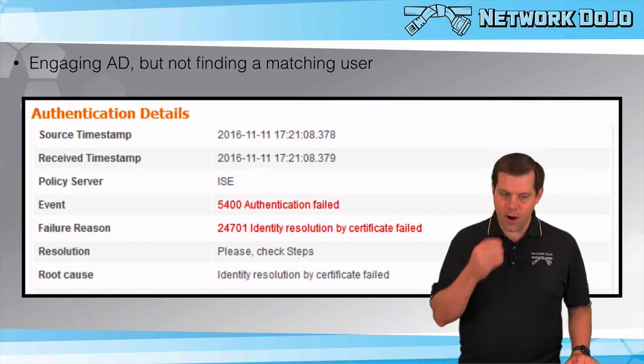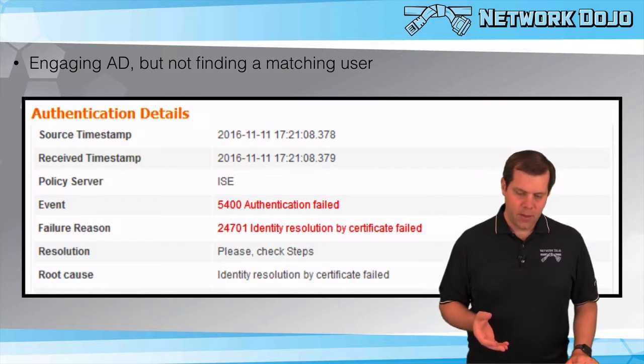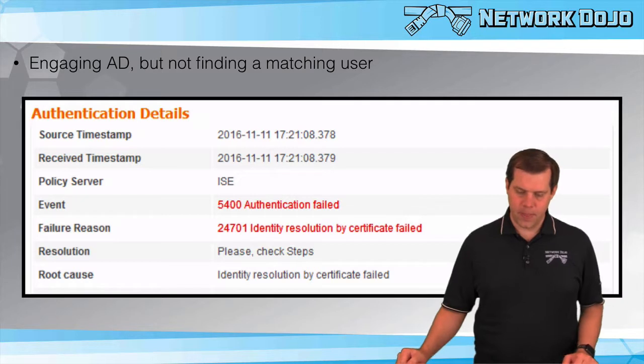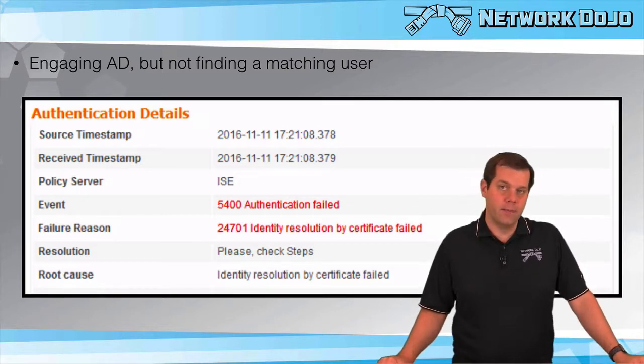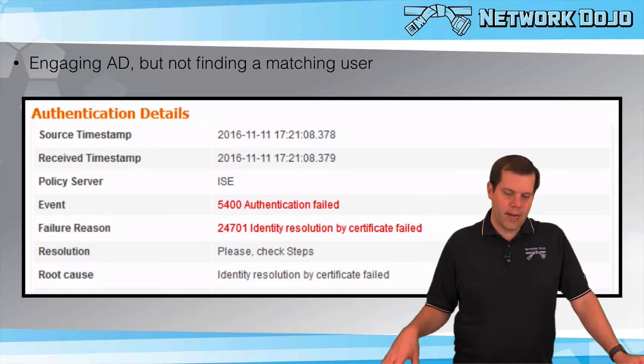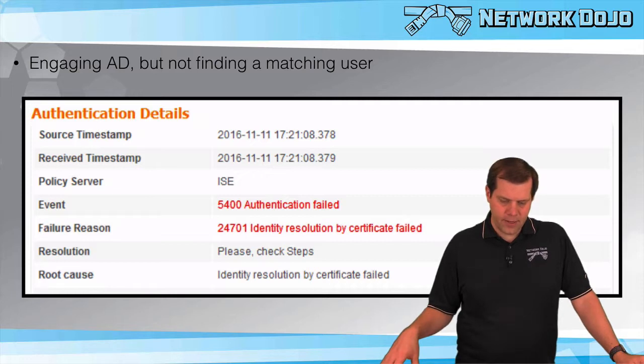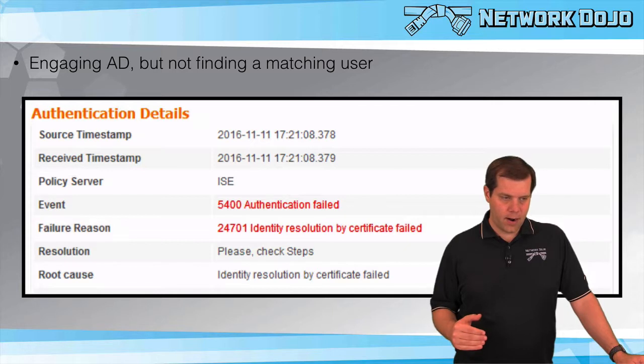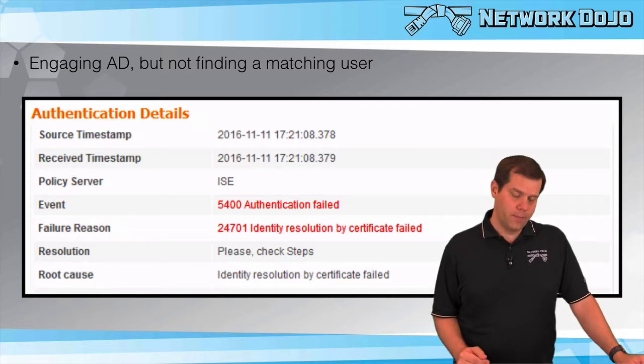And then if we are engaging Active Directory, but Active Directory cannot find a matching user, we actually get this error, identity resolution by certificate failed. So when we do want to integrate Active Directory, that kind of forces us into only accepting certificates that are matching to an AD user.